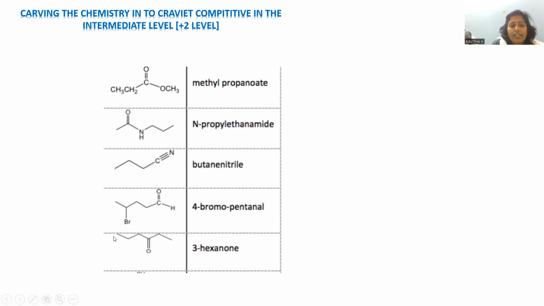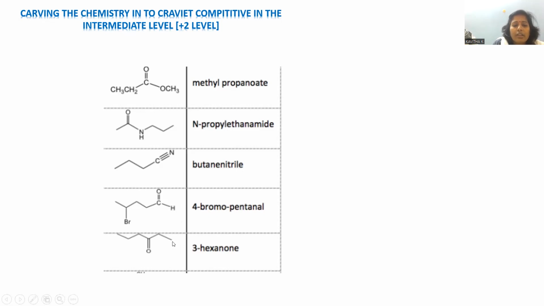And here is another compound where you can find a ketone. Around this ketone, you have 1, 2, 3, 4, 5, 6 carbons. In order to name a ketone, we have to give alkanone, where the carbon bearing the carbonyl group is mentioned with its number.